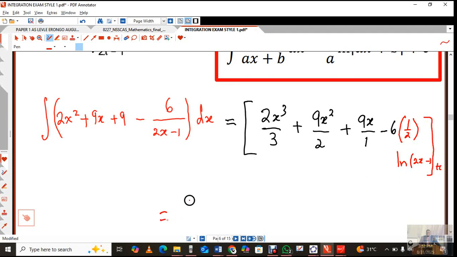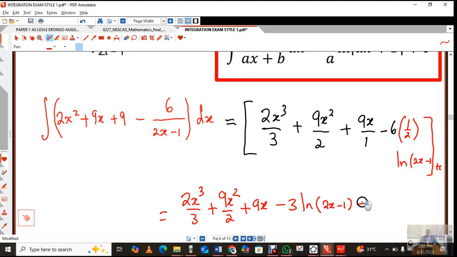Right, so let me just clean it up nicely. So it's 2x cubed over 3 plus 9x squared over 2 plus 9x minus half of 6 is 3, the natural log of 2x minus 1 plus the constant of integration.